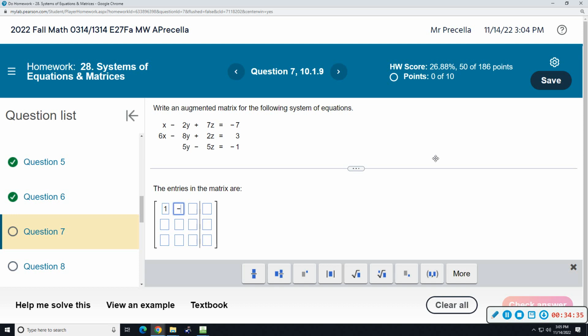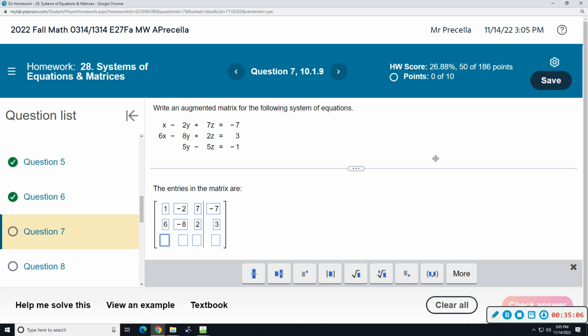then a -2, 7 equals, the vertical line acts like the equals, -7, then a 6, a -8, a 2 equals, what number am I going to type here? 3.